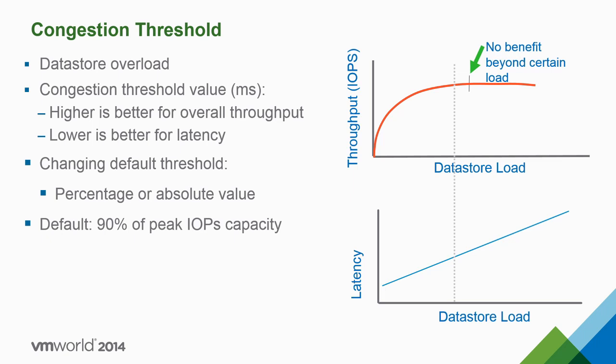This is by no means cast in stone. You can always go back and change that setting to a lower value, which means your overall latency on that data store will be lower, but you may not get the full throughput capacity of that data store. Again, this always depends on the kind of environment and the requirements of the workloads running on that data store.